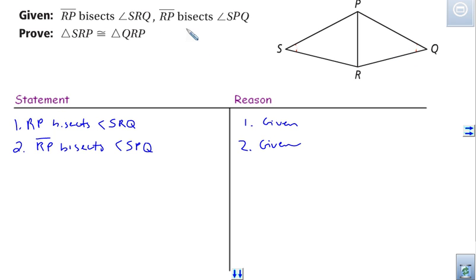So I see the word bisect. We have to think about what a bisector is. So we're bisecting angle SRQ.